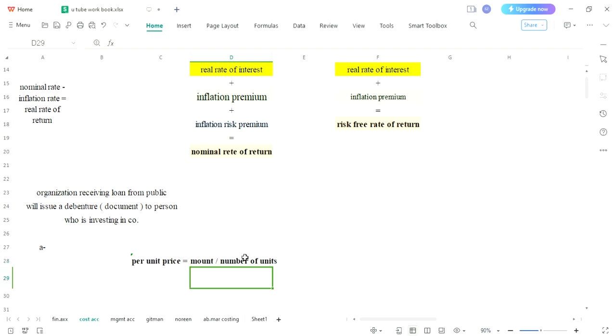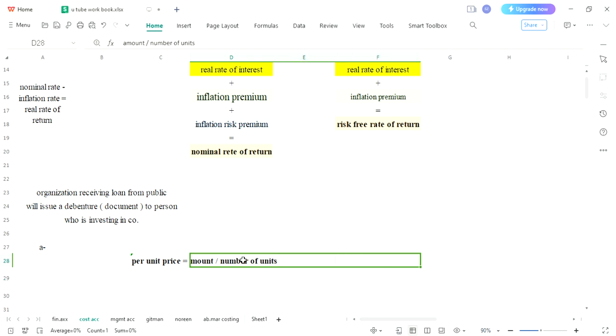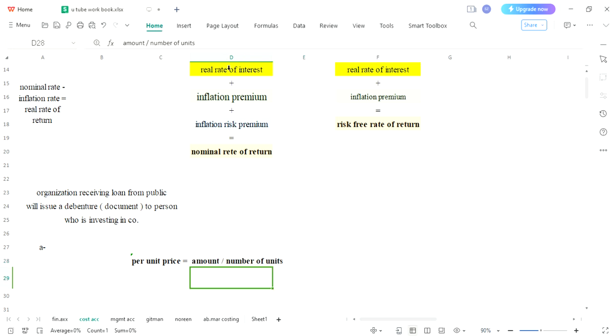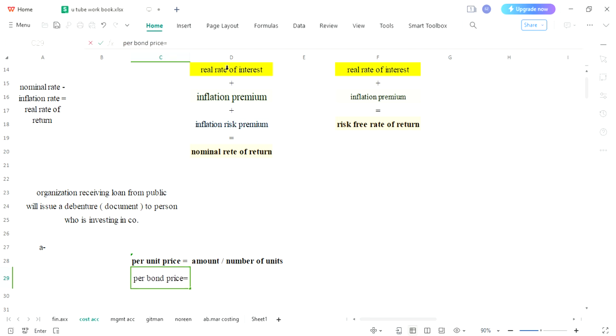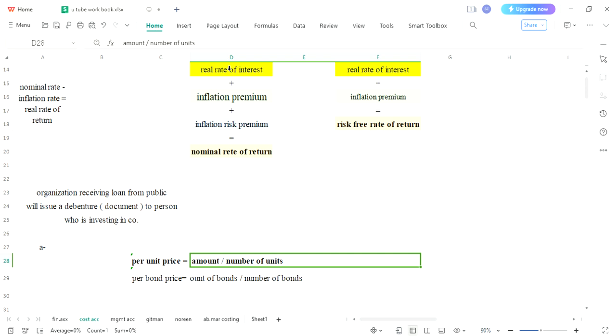So this is your universal formula and can be applied to any element, any factor. So right now since we are associated with the bonds and debentures, we will alter this formula in a way per bond price is equal to total amount of bonds divided by number of bonds. So we have changed this formula according to our requirement.